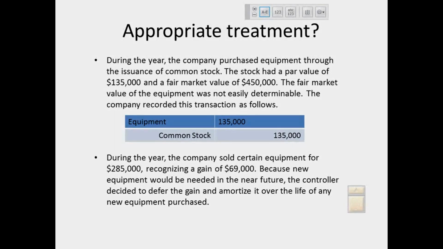Yes? Okay, why is that right? What principle is guiding your answer? Historical cost. Well, okay. Anyone disagree? Yeah, what do you think?